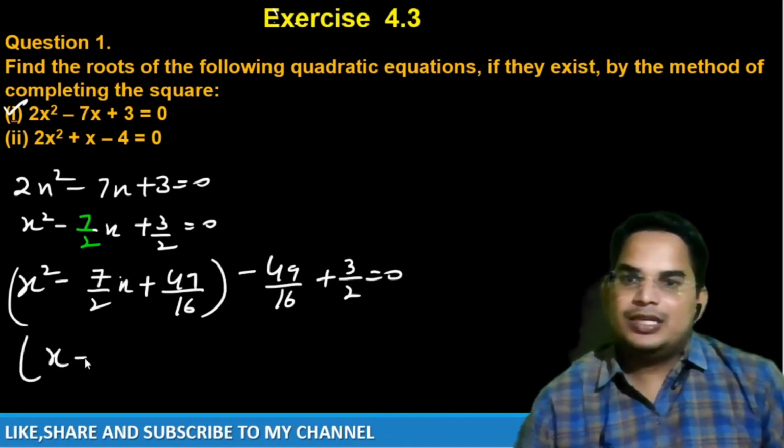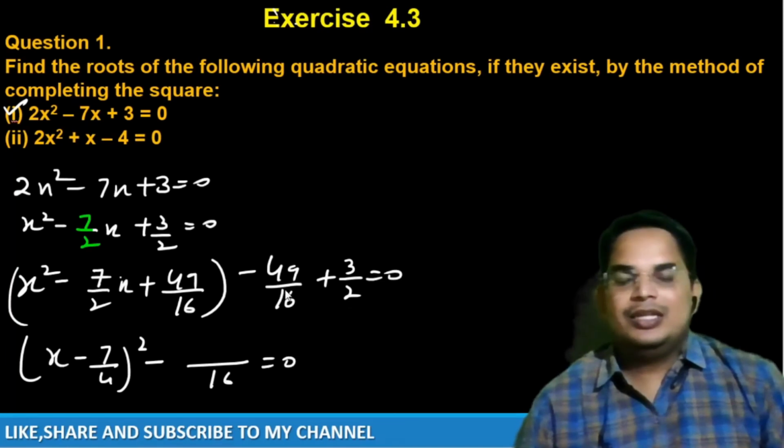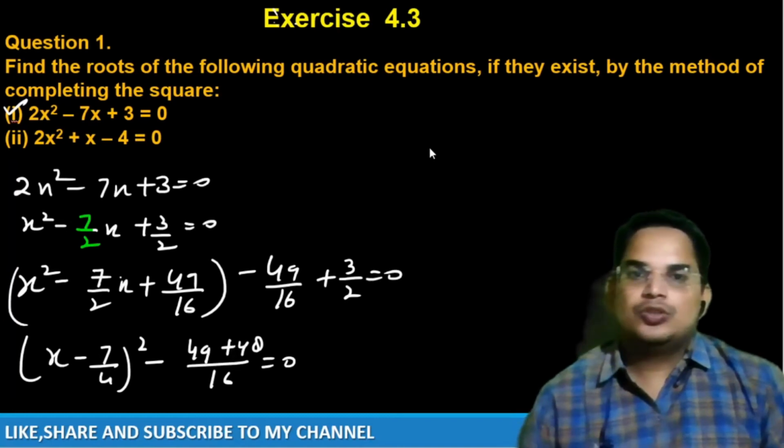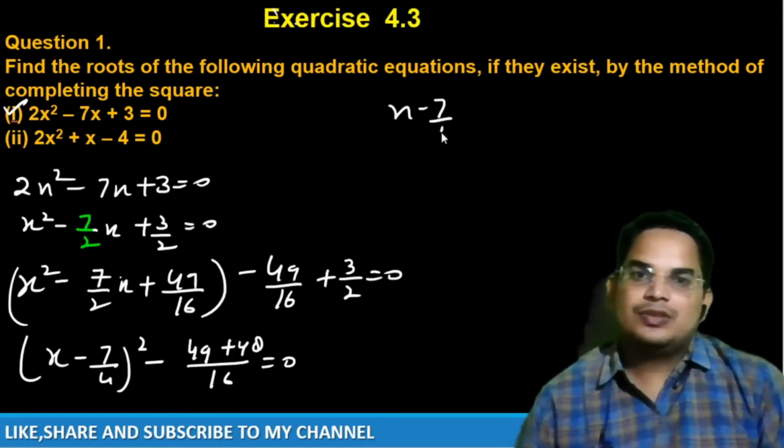After this you can say x minus 7 by 4 whole square, and take the LCM 16, and here you have minus 49 plus 3 times 8, which is 24. So what you will get? You will get x minus 7 by 4 whole square minus 1 upon 16 is equal to 0.